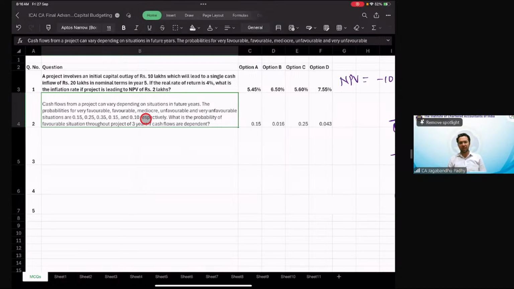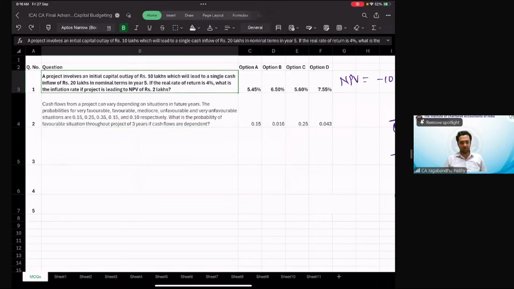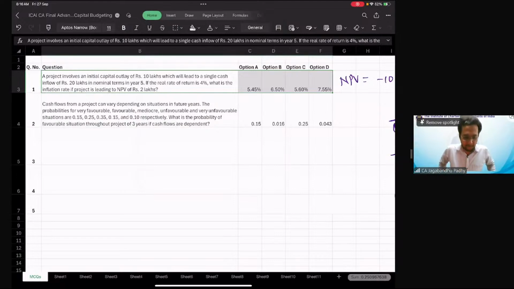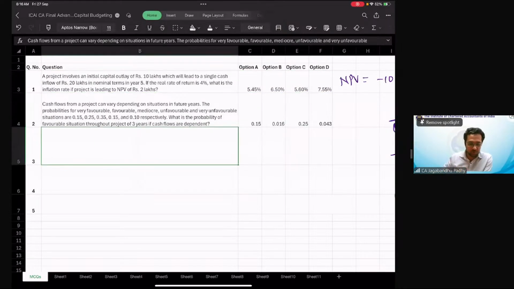This you should be able to get within a minute. Try to answer this question number 2. What will be the correct answer for question 2?